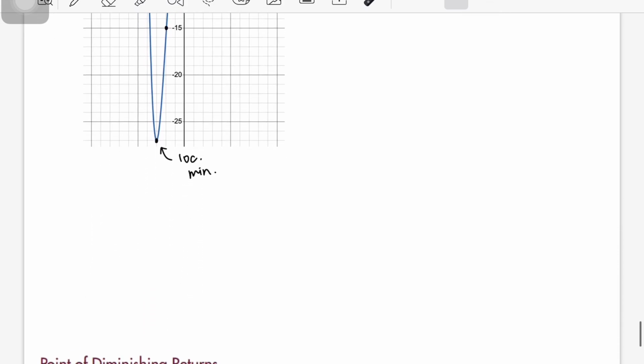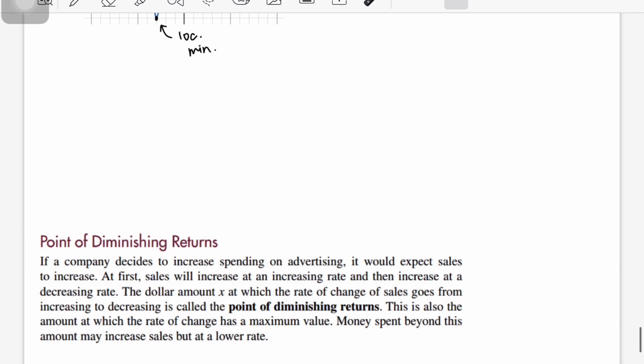And the last thing we're going to look at is this concept here, which is called the point of diminishing returns. So if a company decides to increase spending on advertising, it would expect sales to increase, right? Now, at first, sales will increase at an increasing rate and then increase at a decreasing rate. So the dollar amount, X, at which the rate of change of sales goes from increasing to decreasing is called the point of diminishing returns.